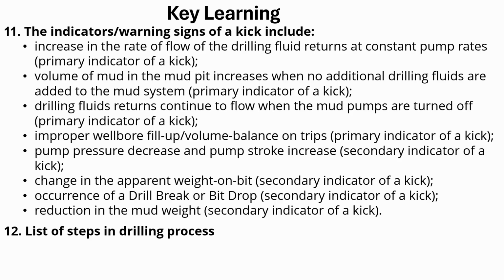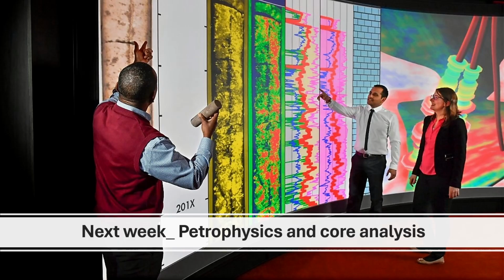Secondary indicators include pump pressure decrease, pump stroke increase, change in apparent weight on bit, drill break, bit drop, and reduction in mud weight. This is one of the most operationally important slides because early kick detection can prevent escalation into a blowout. This slide previews the next topic, petrophysics in core analysis.